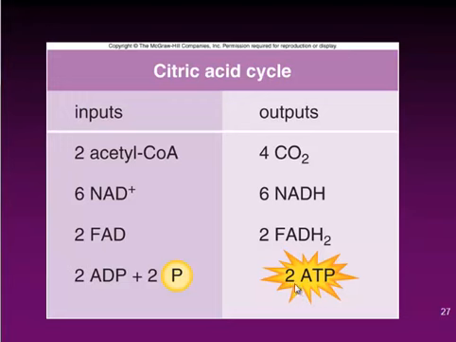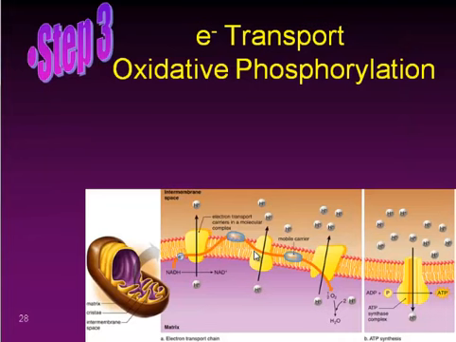That's great. Now, what are we going to do with these? Well, we're not going to use the CO2 anymore. That's your waste product. You're breathing that out. But these 2 high energy molecules here, the NADH and the FADH2, we're definitely going to use those for step number 3, called the electron transport chain. Another term for the electron transport chain is oxidative phosphorylation.